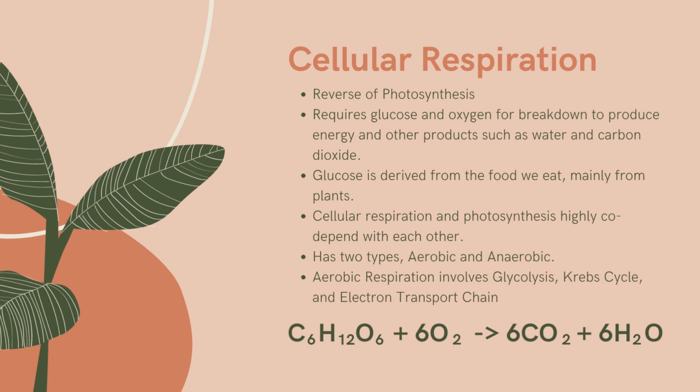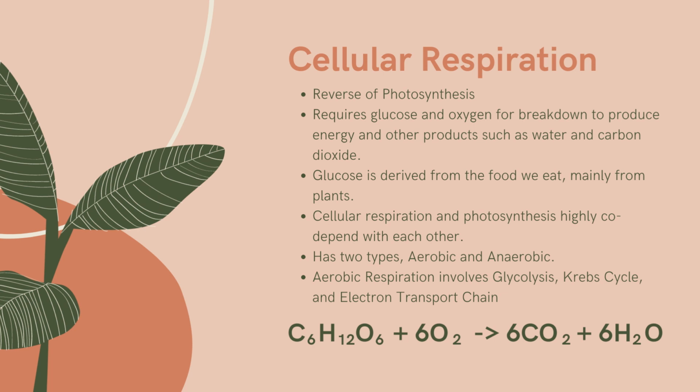Before, in photosynthesis, we are building up molecules or compounds. It is an anabolic pathway to produce energy. Now, in cellular respiration, we are breaking down these compounds, these molecules, to produce energy.